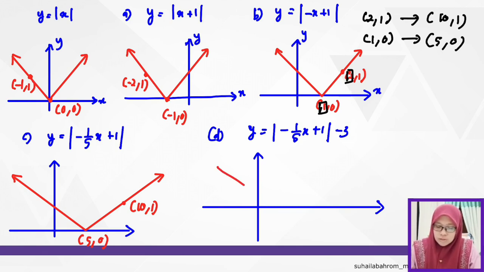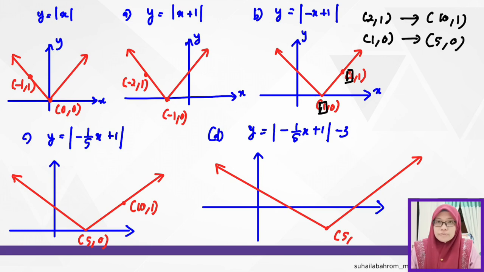The 5 remains, and moving downward, the vertical values will change. So 0 becomes negative 3, and 1 minus 3 gives negative 2. So the values here will be 10 and negative 2. This is the new coordinate.